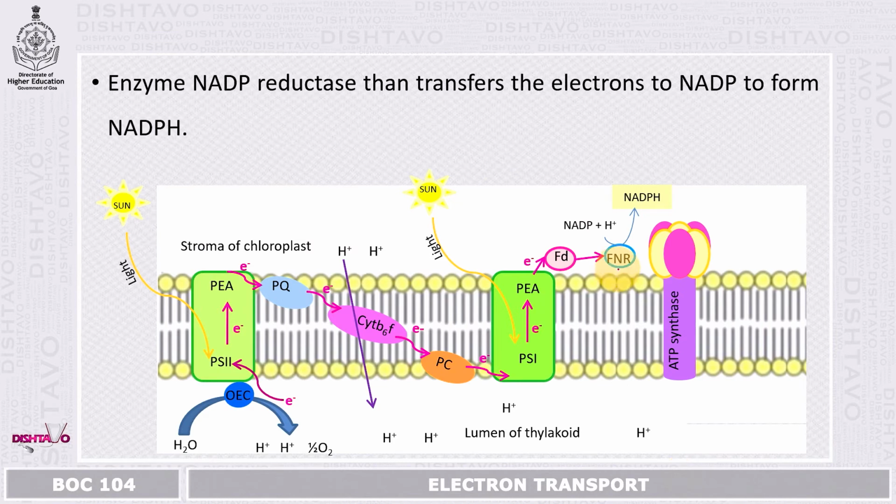The enzyme ferredoxin NADP reductase, which is present in the stroma of the chloroplast, then transfers the electron from ferredoxin to NADP to form NADPH.